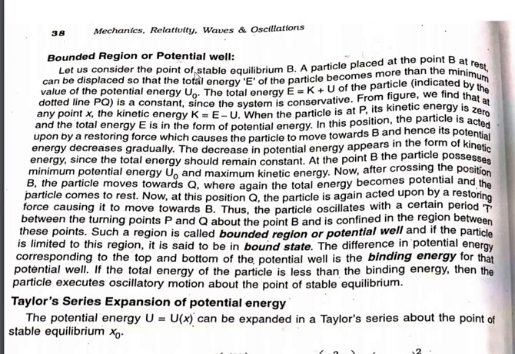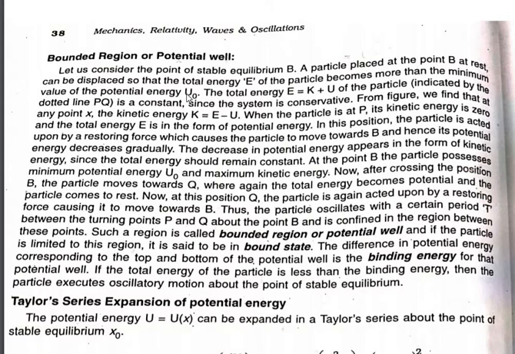So let us consider the point of stable equilibrium, that is the point B that we already discussed. A particle placed at the point B at rest can be displaced so that its total energy E becomes more than the minimum value of the potential energy.